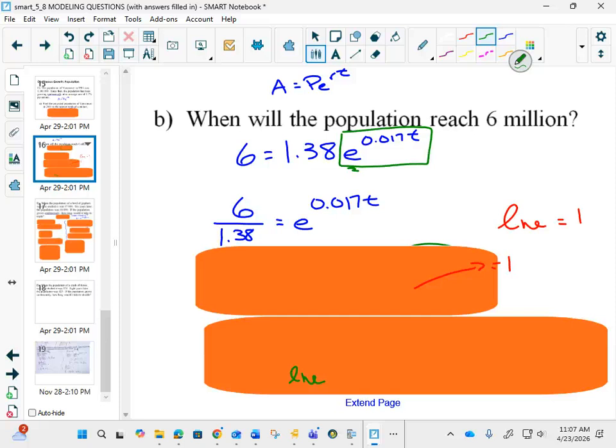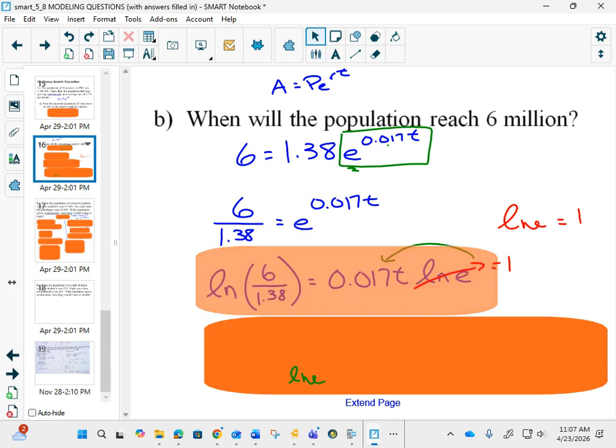If I had taken the log or natural log right at the beginning, you might be tempted to bring the exponent out, but you can't because it's an exponent just to the e. See how this exponent in the green box doesn't touch the 1.38? So you have to do an extra log off of that. And now I can take the natural log of both sides. That exponent can come out in front.